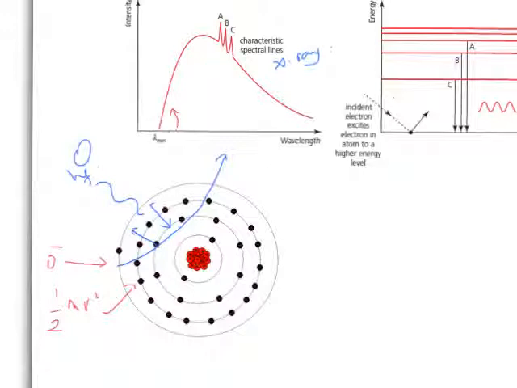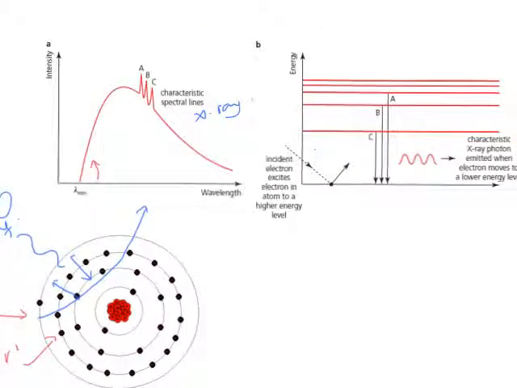Okay, and why do they happen? Well, if we look at an energy level diagram here, an incident electron excites an electron in the atom to a higher energy level, so it goes up, bling, and then when it comes back down, an X-ray photon is emitted. Now these peaks that we see always fall in the same place.